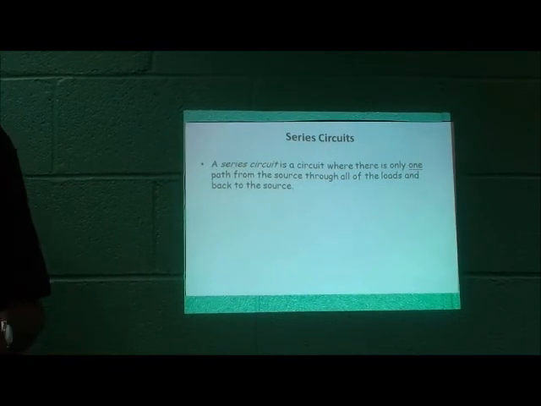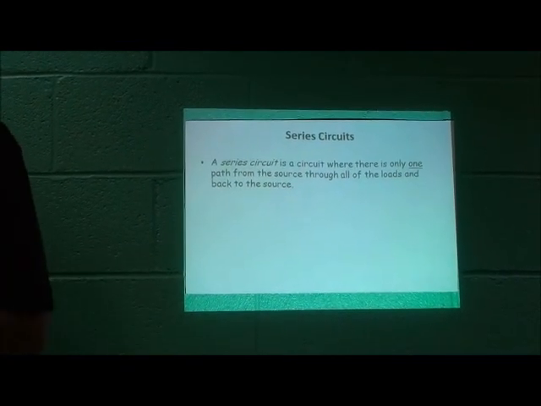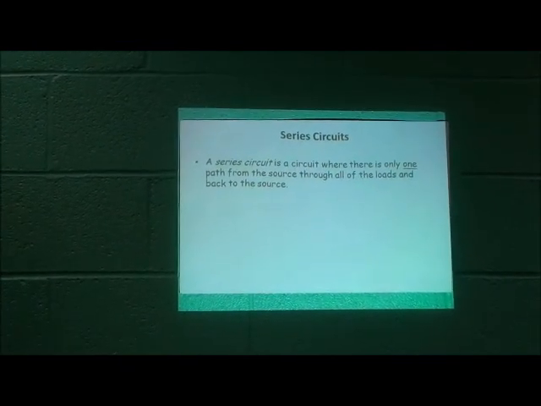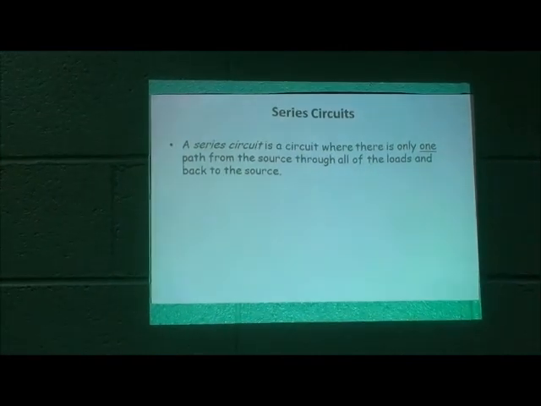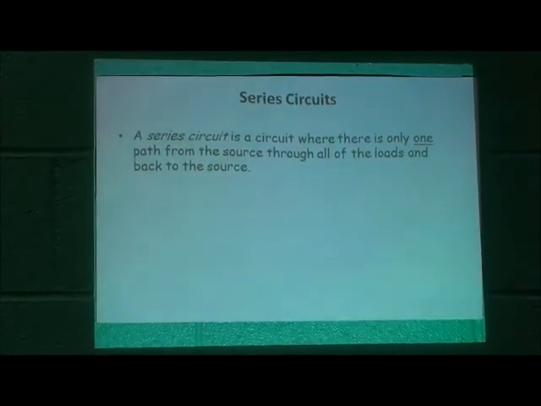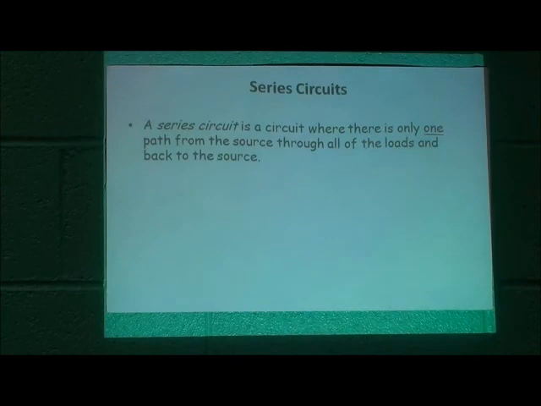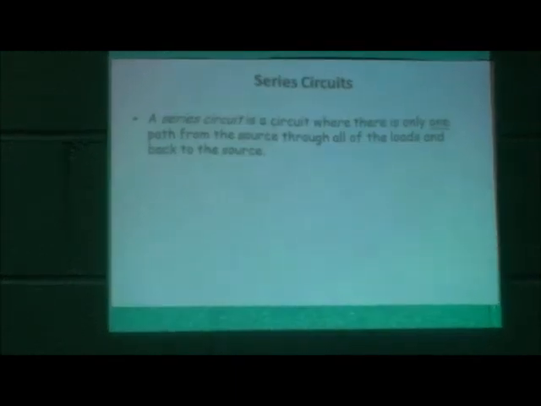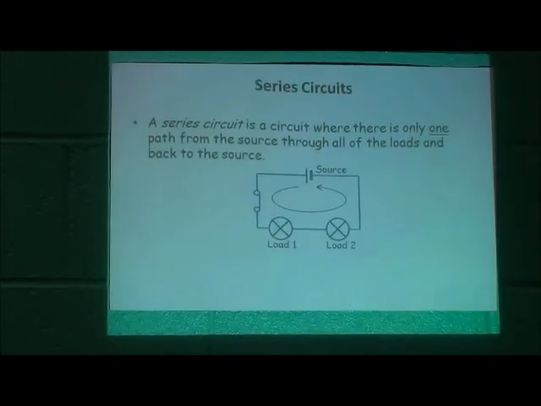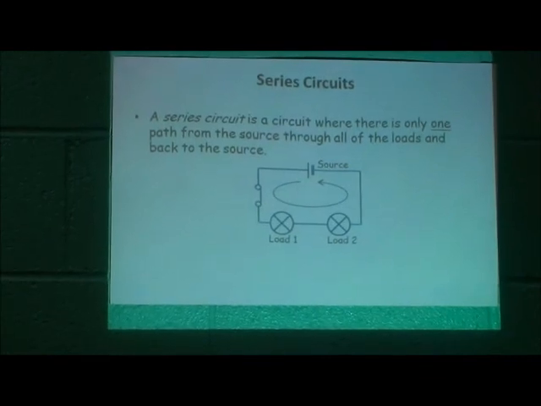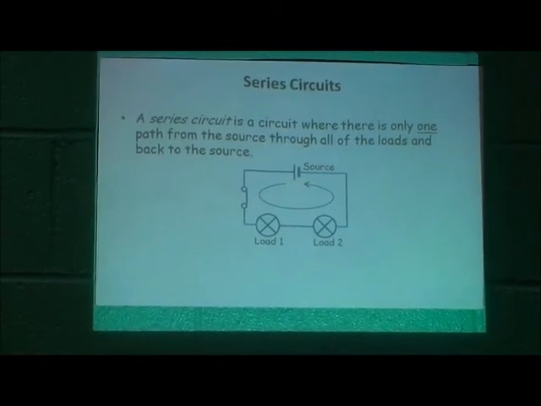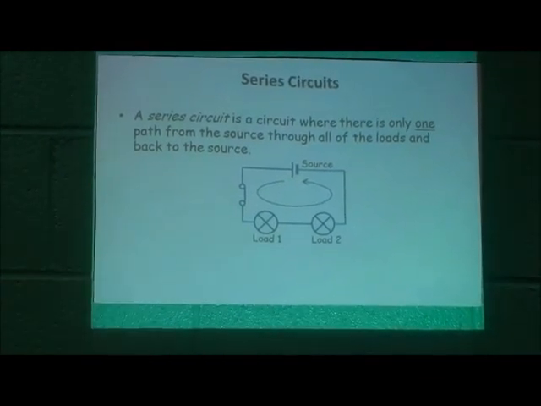When we get into series circuits, we're talking about more components. A series circuit is simply a circuit where there is only one path from the source through all the loads back to the source. So this is where we get the word circuit. It's a single path through all the components. There is a picture that we would draw that shows two loads.